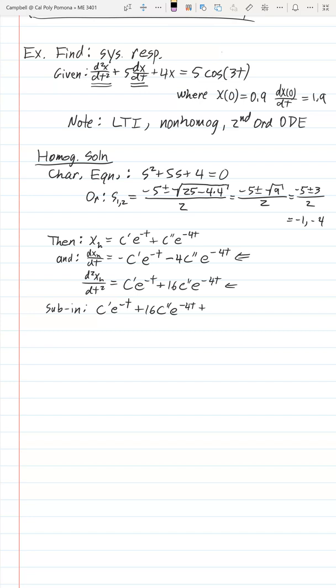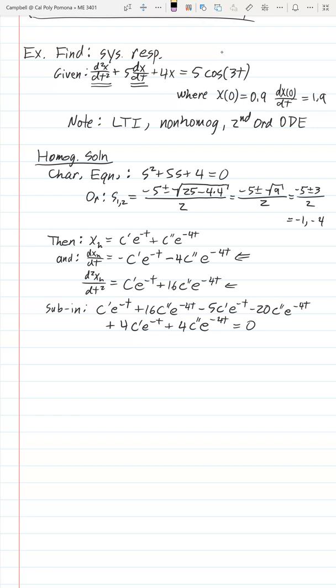Actually, we have negative signs, so let's just include those at the outset: -5c prime e to the -t minus 20c double prime e to the -4t. And then last but not least, we have 4 times x, specifically xh, 4c prime e to the -t plus 4 times c double prime e to the -4t. And again, this is our homogeneous solution, so we need to check and make sure that that's equal to 0.